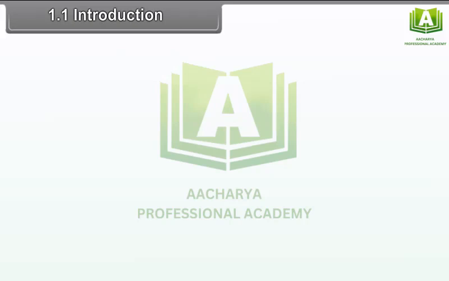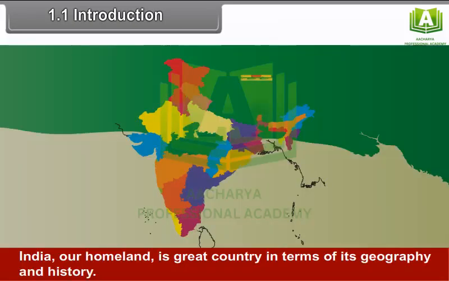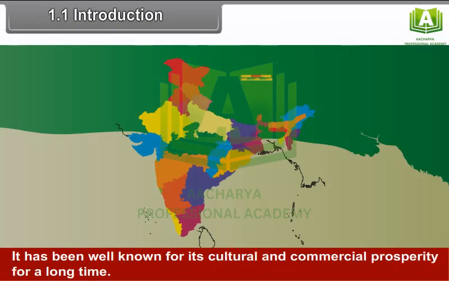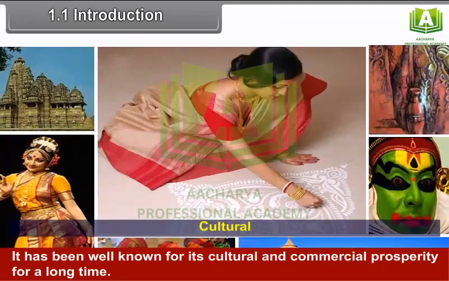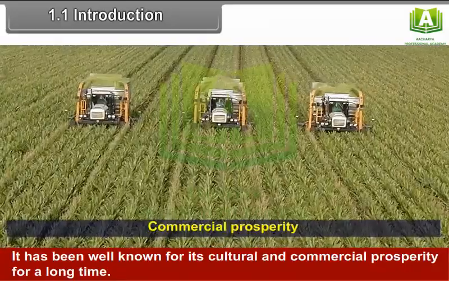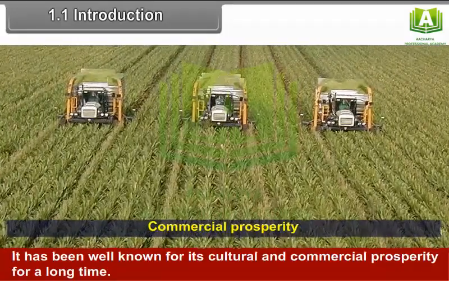(1.1) Introduction. India, our homeland, is a great country in terms of its geography and history. It has been well known for its cultural and commercial prosperity for a long time.